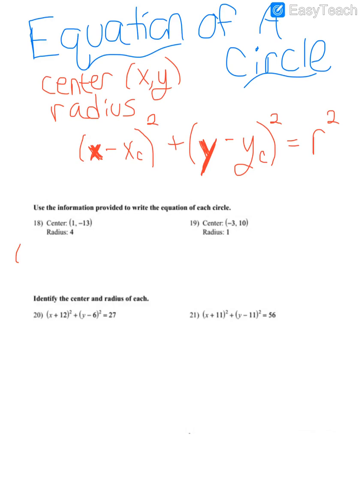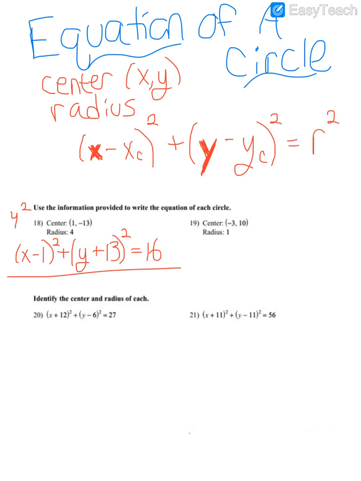So it's x, and it's always minus here, and then we're plugging in this for x in the center, minus 1, squared, plus y minus negative becomes plus 13 squared, equals, now if the radius is 4, you're going to put 4 squared on that side, which is 16. And that's all that you have to do.